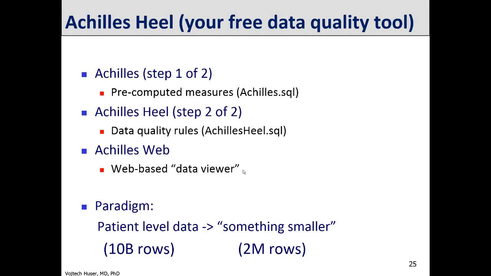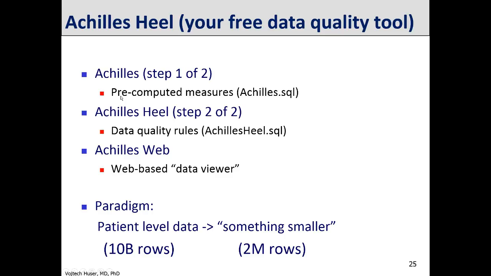Achilles works in 2 major steps and then a display on the website called Achilles Web. The paradigm is to go from billions of rows of patient-level data to something smaller, let's say 2 million rows. That something smaller is a result of pre-computations, hundreds of measures. I think it's 148 measures, little pre-computed numbers.